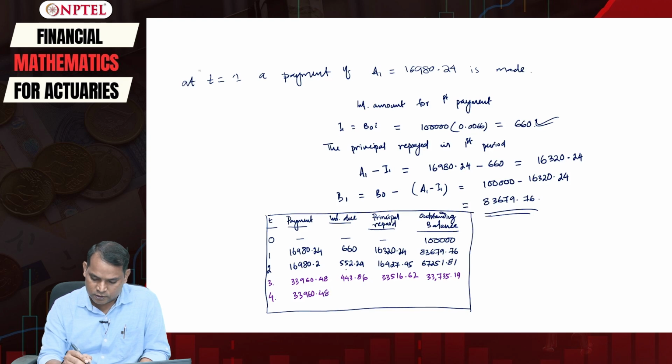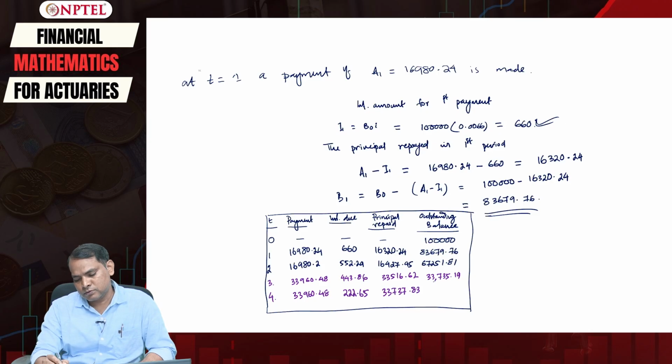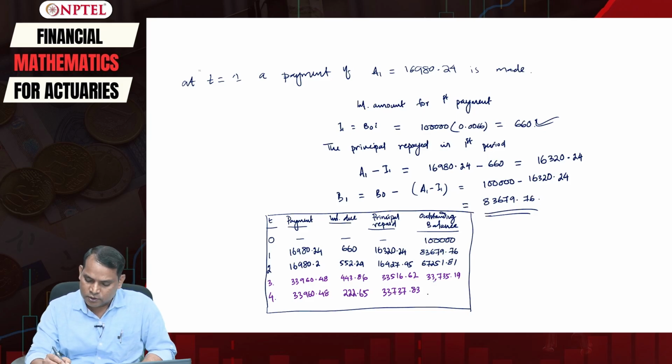Okay, but the interest due is now 222.65 and the principal repaid is therefore 337.83. So these two are almost the same.